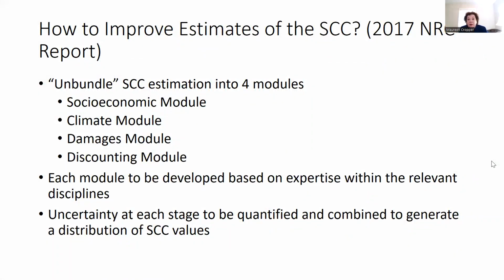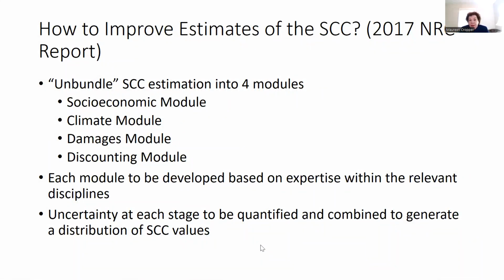We recommended that EPA should just construct its own integrated assessment model. It should construct a socioeconomic module, a climate module, a damages module, and then discount the results. Each module would be developed based on expertise within the relevant discipline, and uncertainty would be quantified at each stage and transmitted to the next stage.